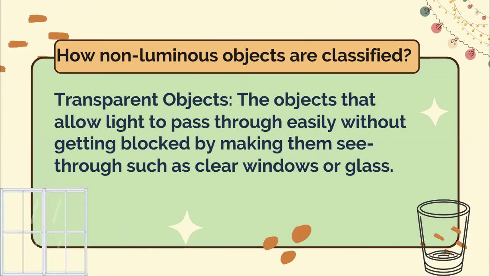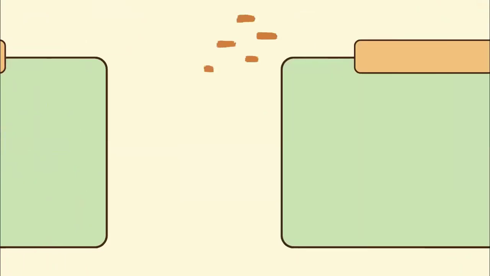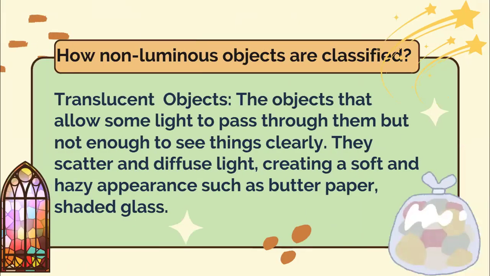Transparent objects. Transparent objects are objects that allow light to pass through them completely without getting blocked. Some examples of transparent objects are clear glass, clear water, or a clean window. Now, translucent objects.